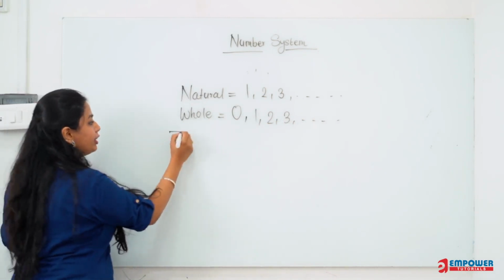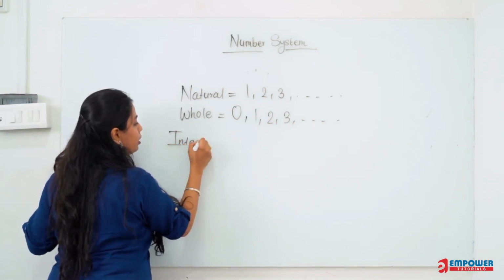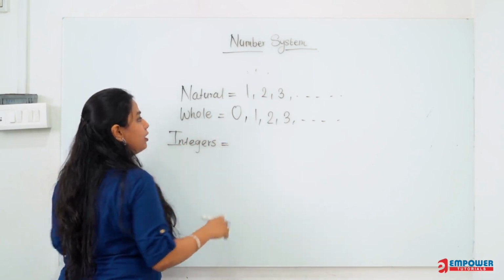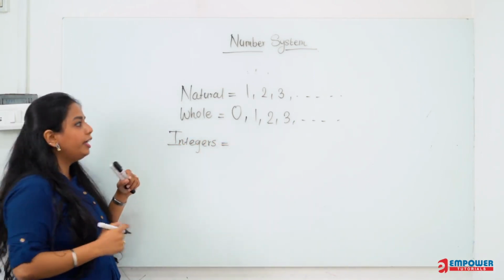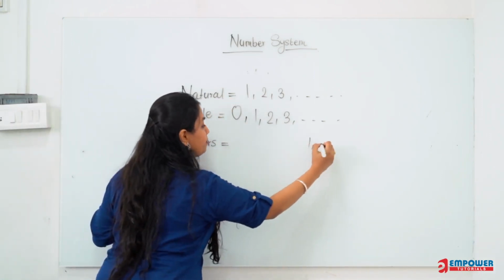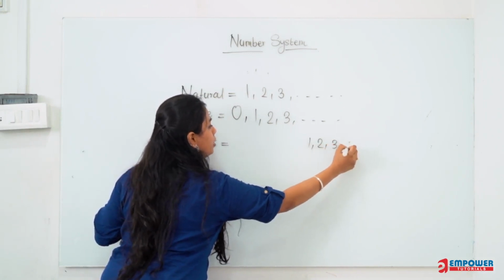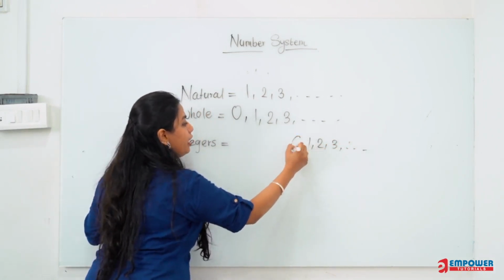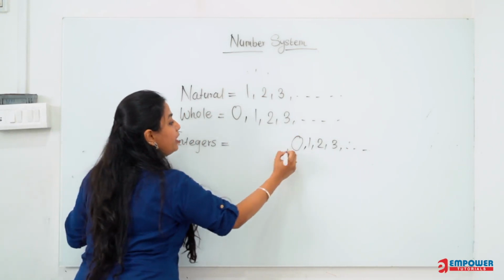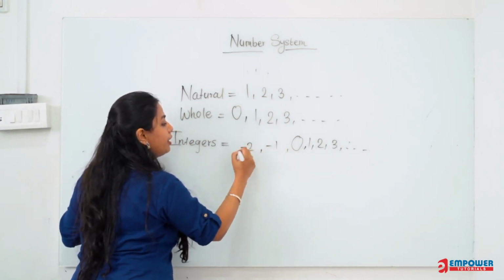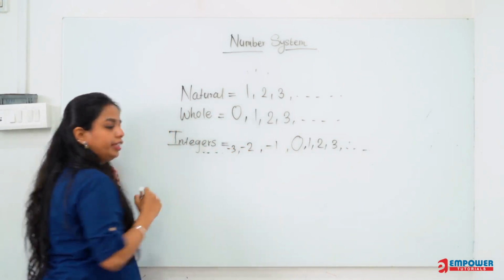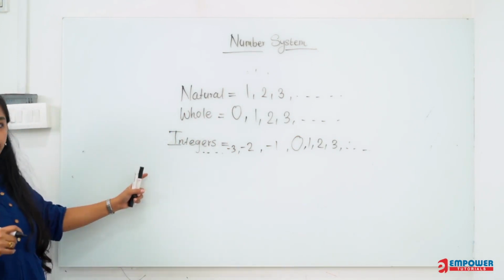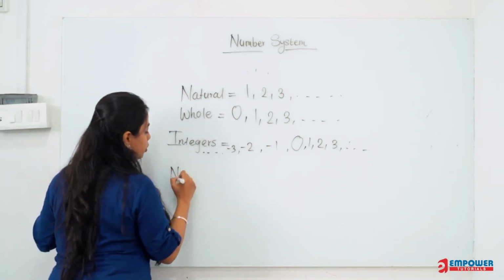Then come integers. Now what are integers? Integers are the next extension of these two, right? So it includes all positive numbers till infinity, then it has 0, and it also has negative numbers till infinity. So these are your integers. Now there come non-integers.